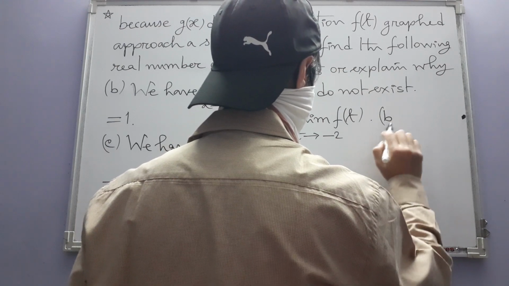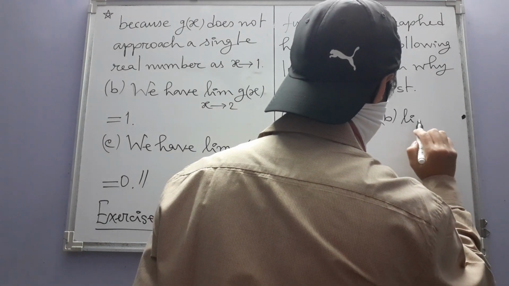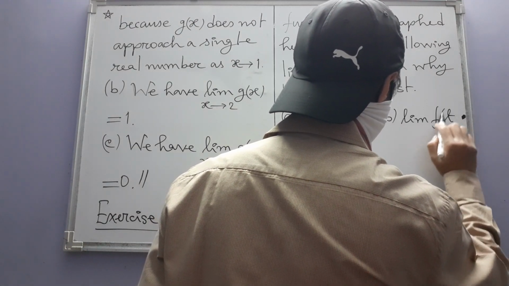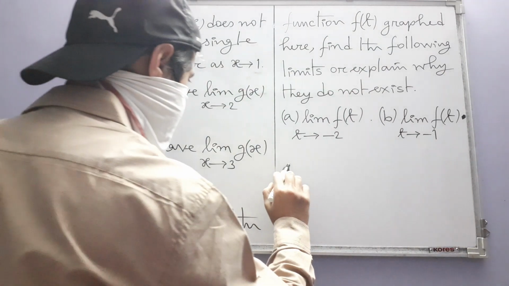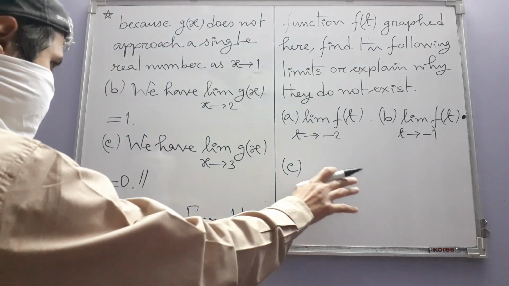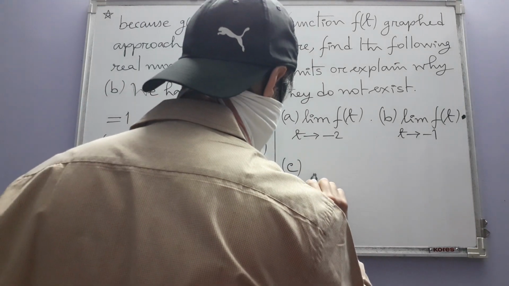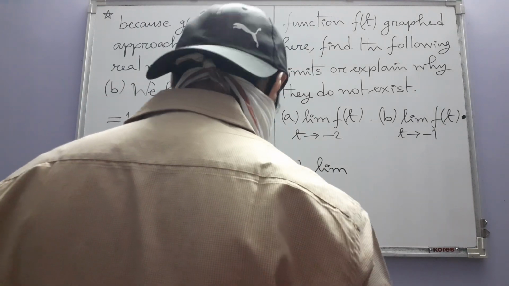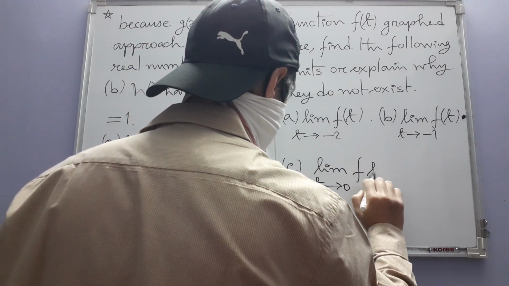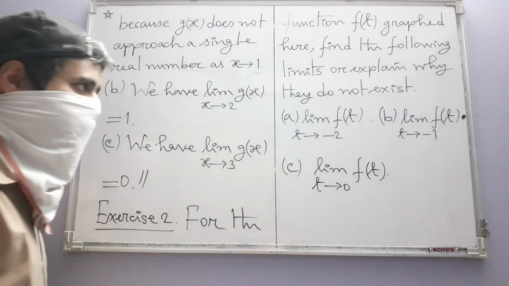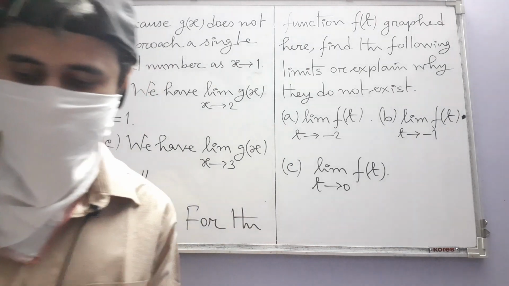Then part B, the limit of f of t as t tends to minus 1, and part C, there is no need to cram the graph here, we will draw it on that side. t tends to 0 of f of t. So here we have to look at the behavior of the function f more towards the left of the origin.